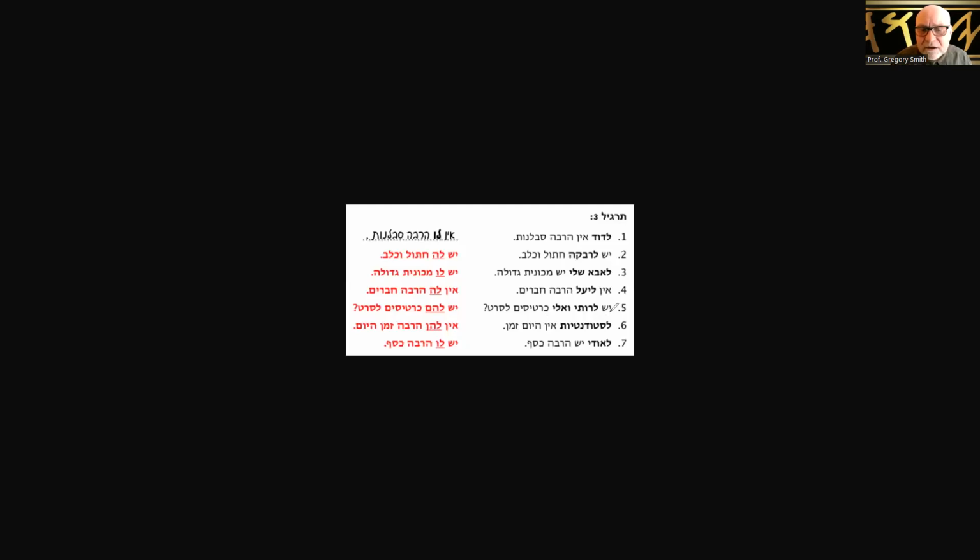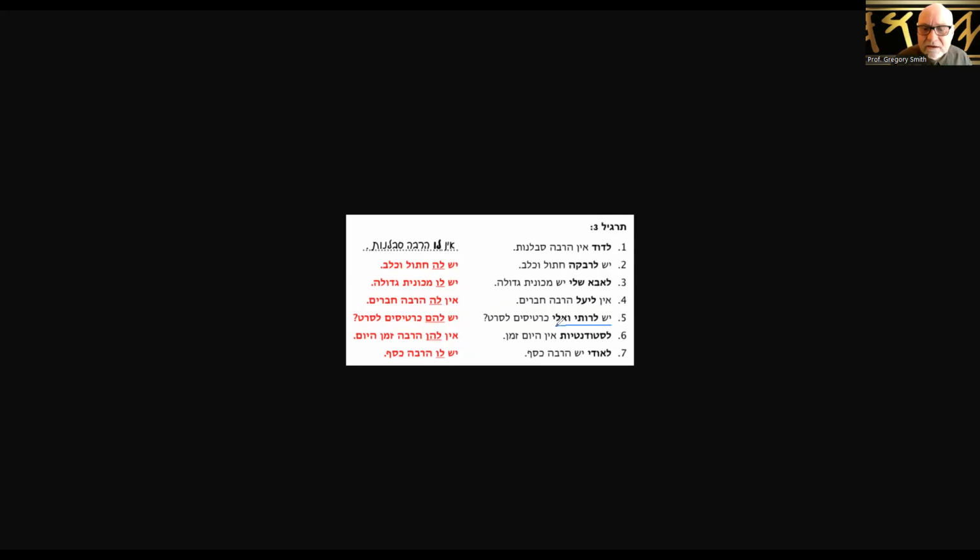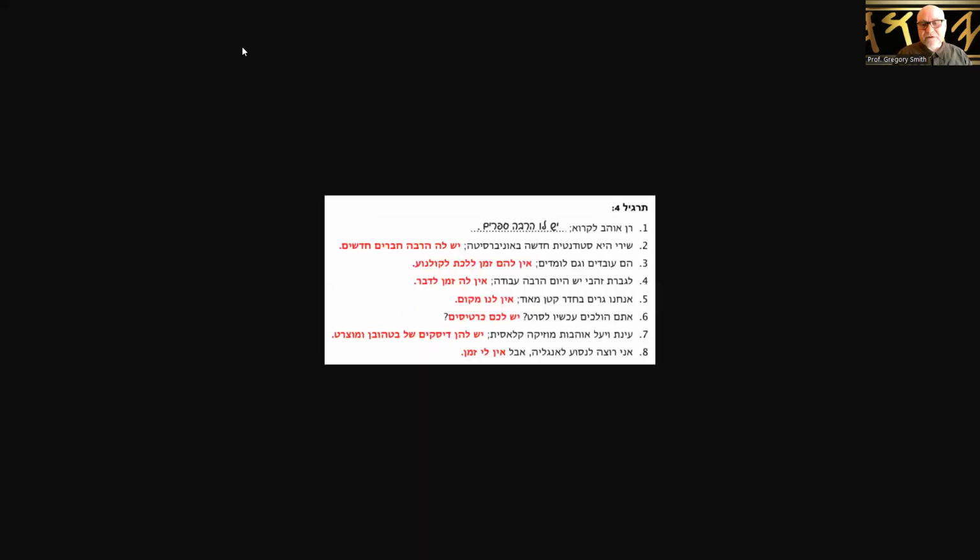Here's the question, the one that we have to convert to a pronoun. Yesh la ruti ba'ali kartisim laseret. So there is to, okay, so we should have, there it is right there. Yesh lahem kartisim laseret. Okay, so there is to them movie tickets. So they have movie tickets, all right?